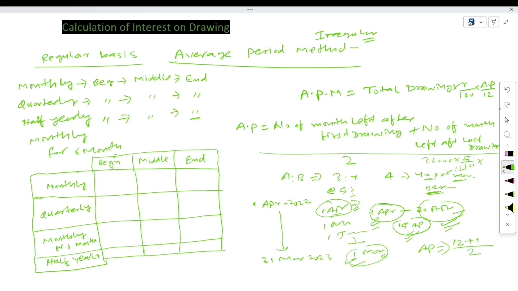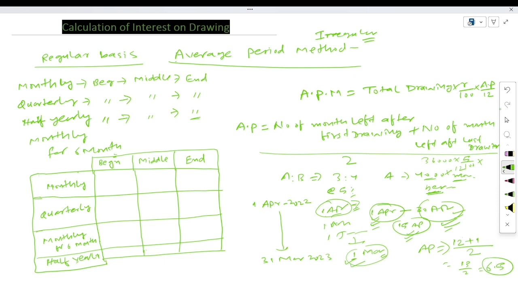After first drawing, how many months will be left? 12 months. After last drawing? 1 month, upon 2. Then 13 upon 2, what would be? 6.5. This is your average period.